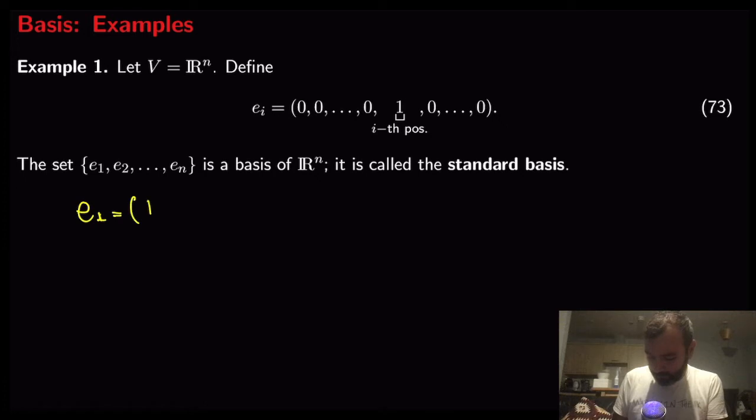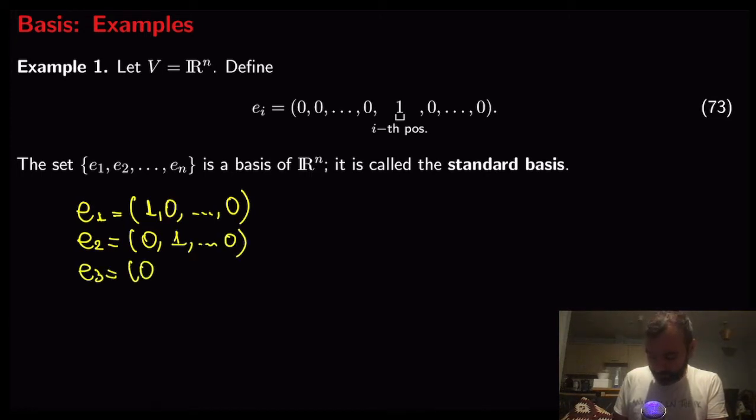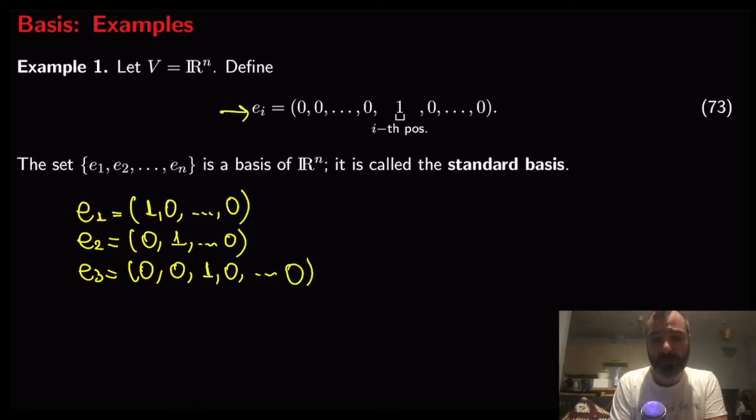So e1 is the vector 1, 0, etc., 0. e2 is the vector 0, now I'm putting 1 at position 2, and so on, 0. e3 is the vector 0, 0, and I'm putting 1 at position 3, and then all the rest are zeros. Then ei, the ith vector, I'm putting 1 at position i. All the rest are zeros.